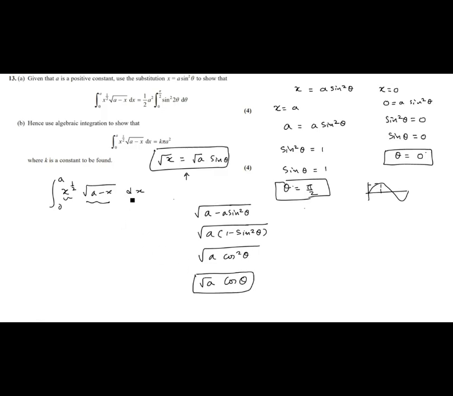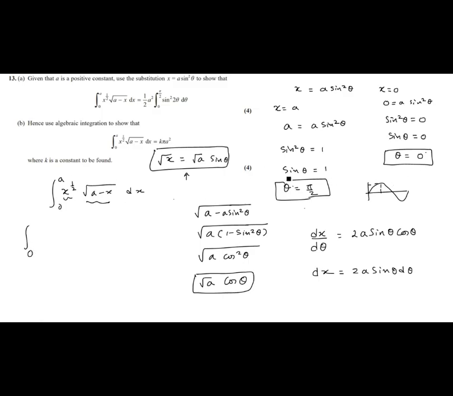Now we need to replace dx as well, so let's differentiate x with respect to theta. So dx over d theta becomes, a is a constant, sine square theta will be 2 sine theta, and differentiation of sine theta will be cos theta. And if we multiply both sides by d theta, dx becomes 2a sine theta cos theta d theta. Now we have everything, so let's substitute. The integral from 0: when x is 0, theta is 0.